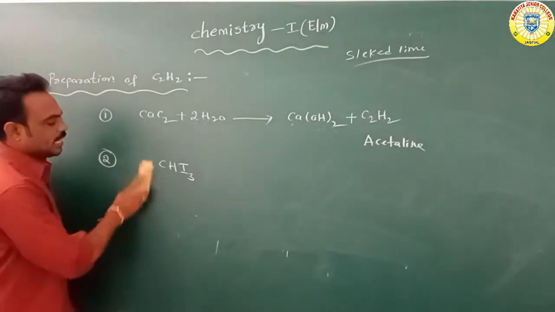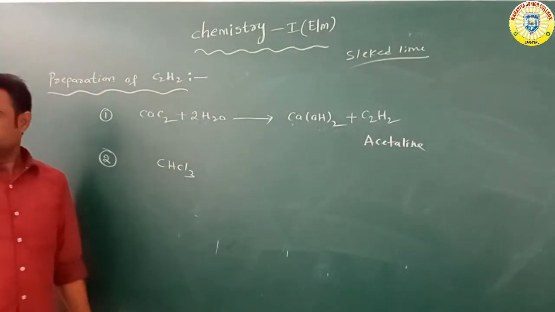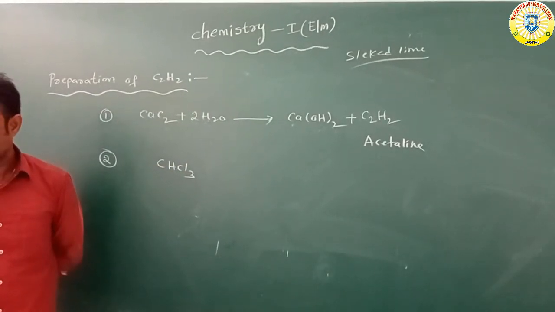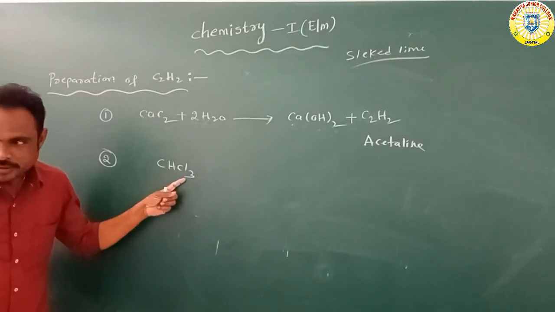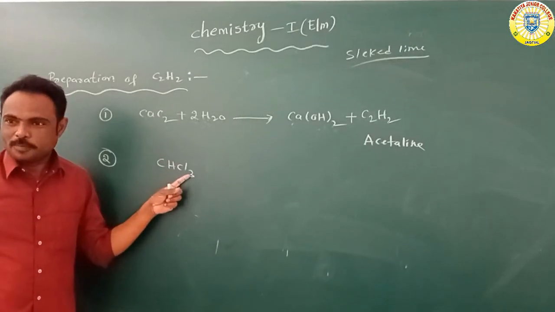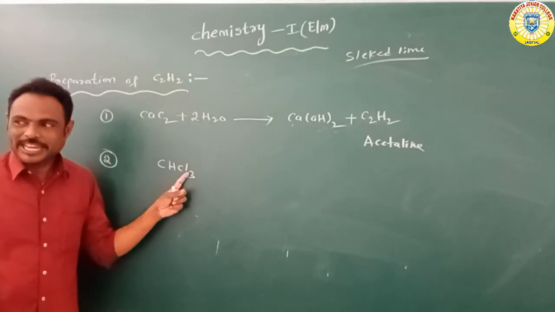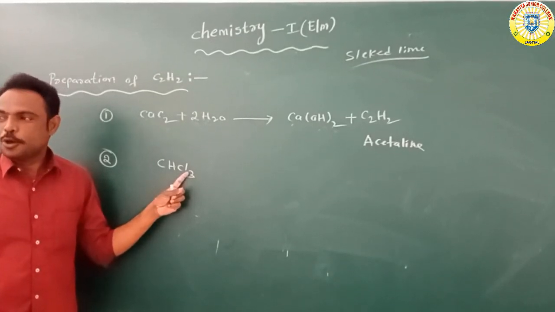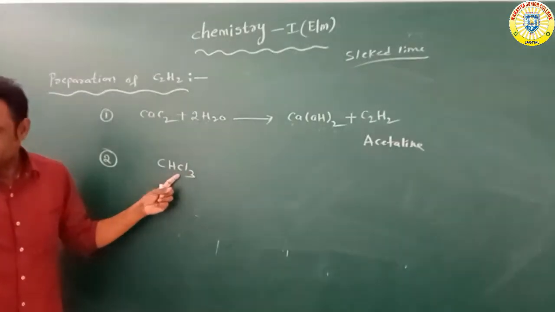CHCl3 means chloroform. Another name: how many chlorines? 3. Trichloro. Trichloromethane. Okay.